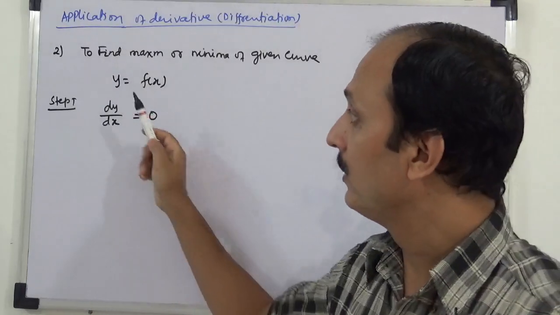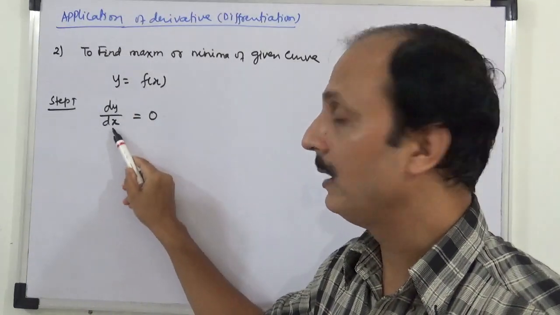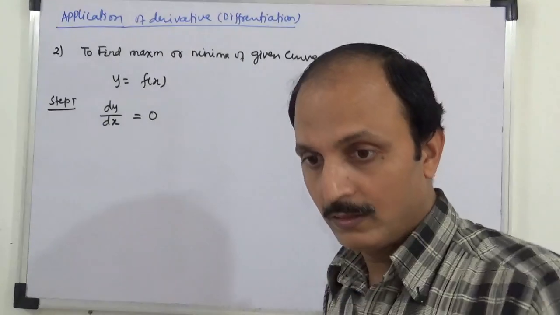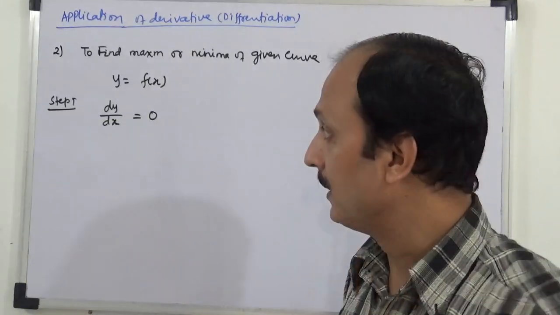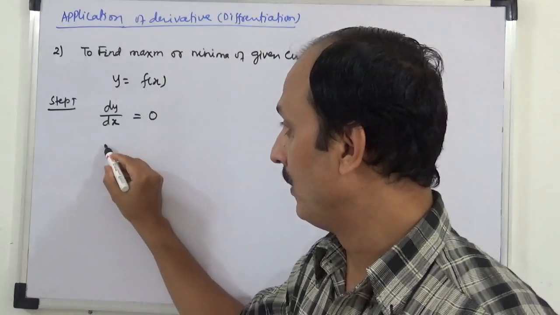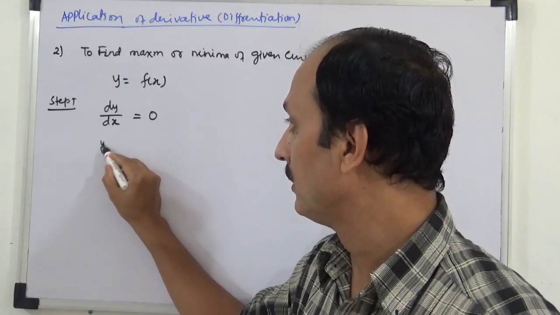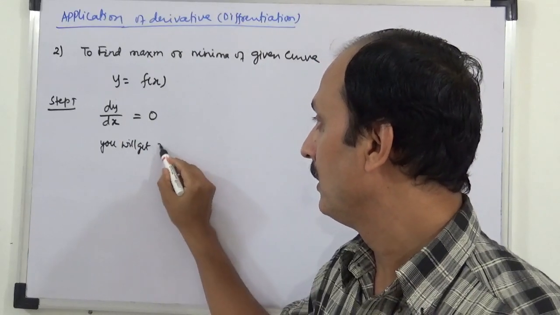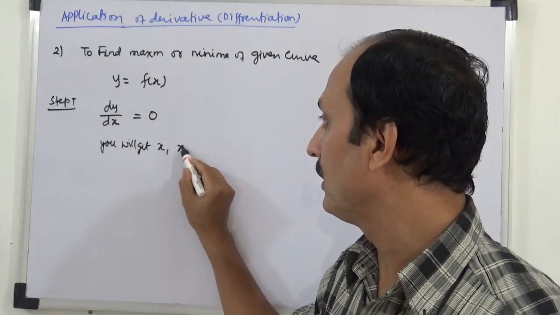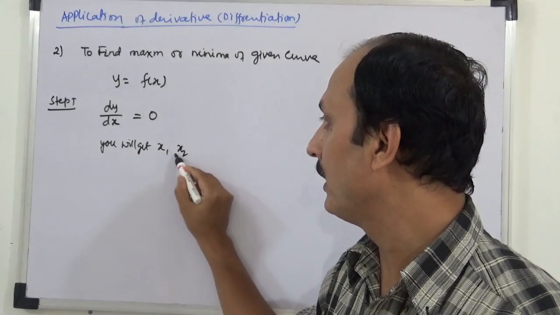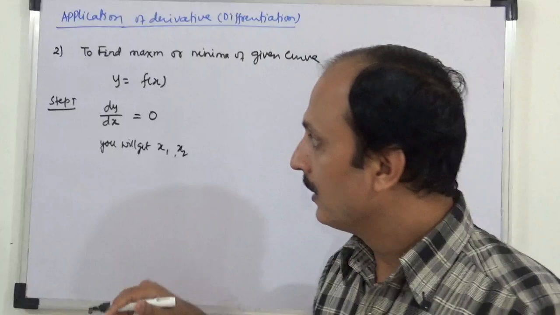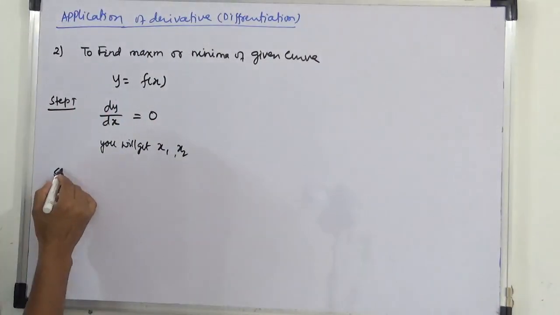I am just going to tell you: y is equal to f(x), find dy by dx, that is equal to 0. So from here you will get x1, x2, which means you will get the coordinates at which dy by dx is 0. This is the first step.